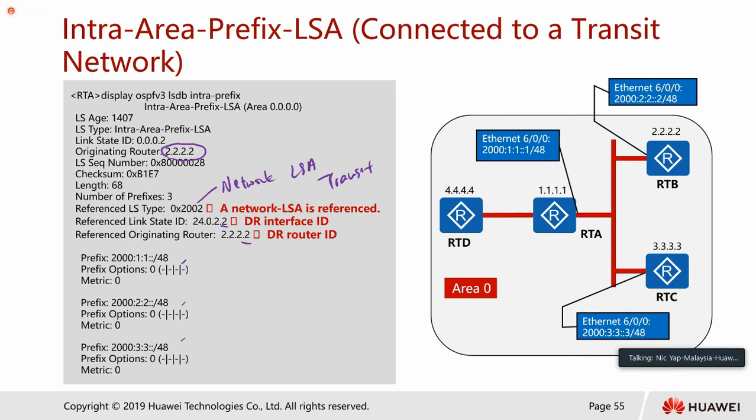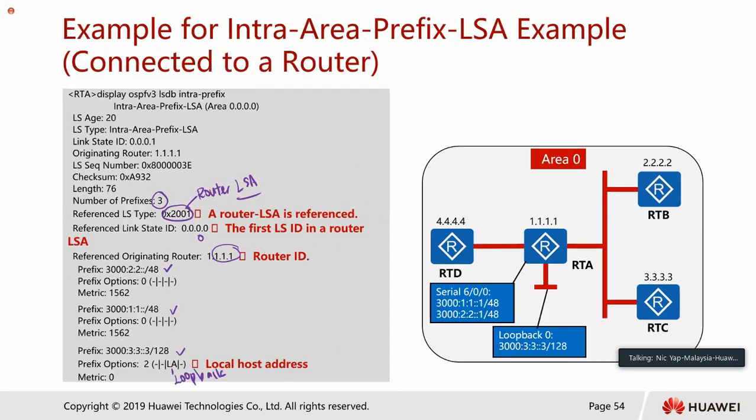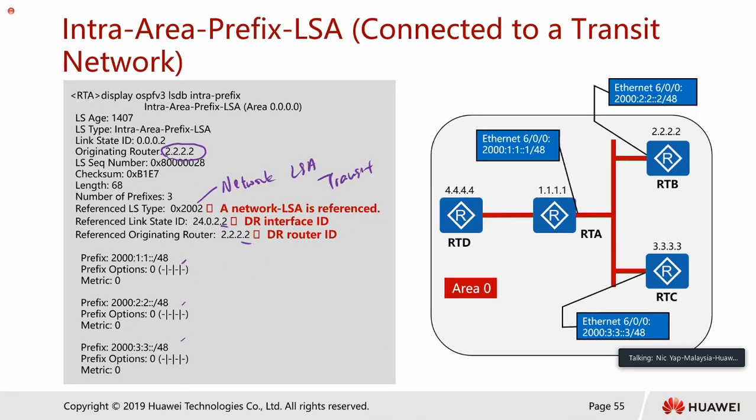Intra-area prefix only happens within your area. So there are 2 prefixes I'm receiving: one originated by 1.1.1.1, the other originated by 2.2.2.2, the DR.